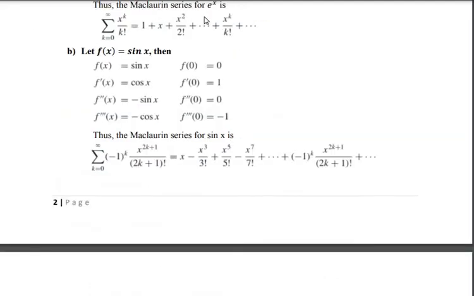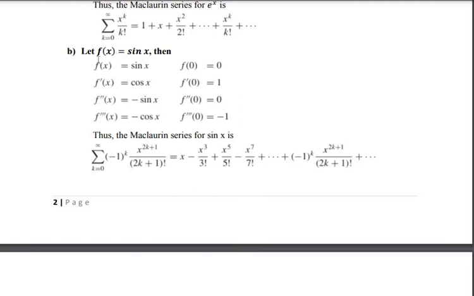Thus the Maclaurin series for e raised to x is sigma k equal to 0 to infinity x raised to k divided by k factorial, equal to 1 plus x plus x square divided by 2 factorial plus etc., x raised to k divided by k factorial plus etc.